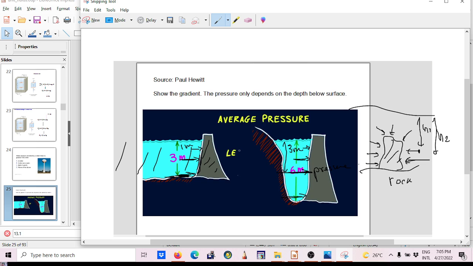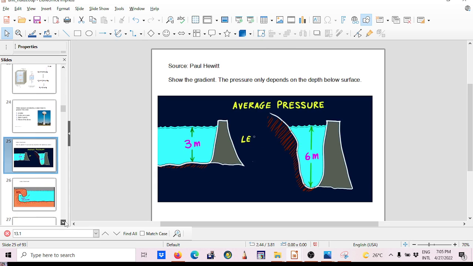On the other side, you're going to have the same pressure here that you have here. As you increase here, that pressure will be the same as this one, perpendicular, because they are all at the same level below the surface. Okay, so that's important and it's not that intuitive.